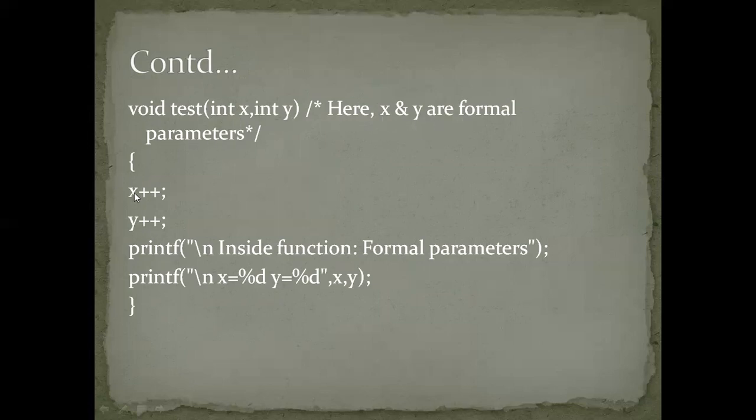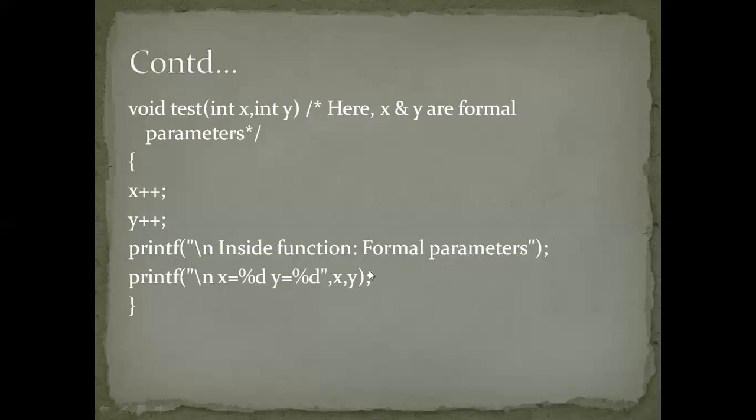Inside this function I am going to perform the increment operation. So x will be incremented by 1 and y will be incremented by 1. The value of x was 7, now it will become 8. The value of y was 3, now it will become 4, isn't it? So inside the function, what is the value of the formal parameters?